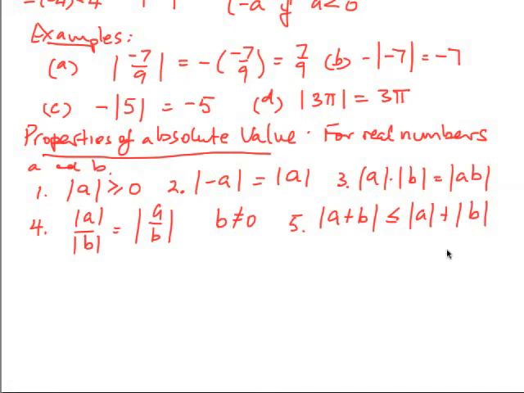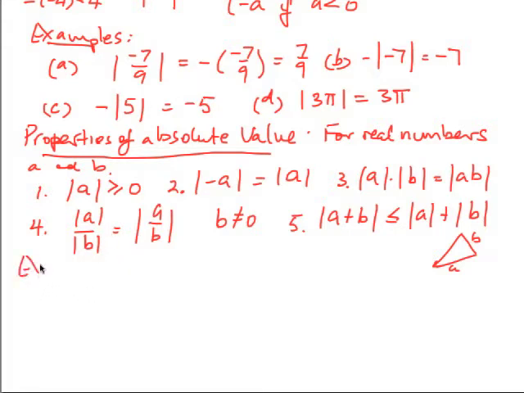You can see that by means of a triangle if you like. If this is A and this is B, it's longer to go the distance A plus the distance B than it is to go from here to here. So that's how we have the properties here.